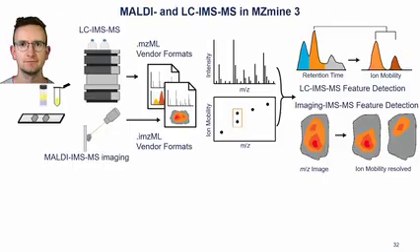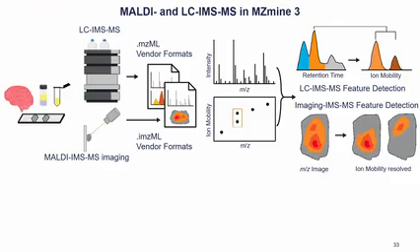I'll show you this on an example here, where we analyzed brain tissue, and this was developed by Stefan, so I'm going to use Stefan's brain here. We take the brain slices, we analyze them by LC IMS MS, and we get data.